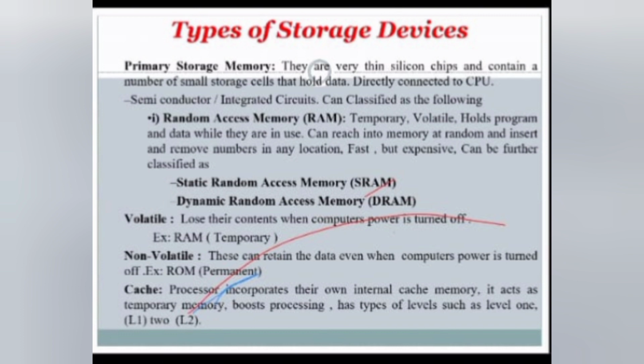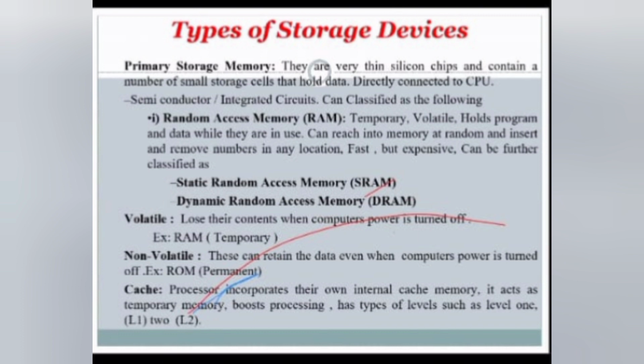From the name it says that it will be accessed randomly. It is volatile, and any location can be reached instantly at random, fast but expensive, and it can be further classified into two types, that is static and dynamic.